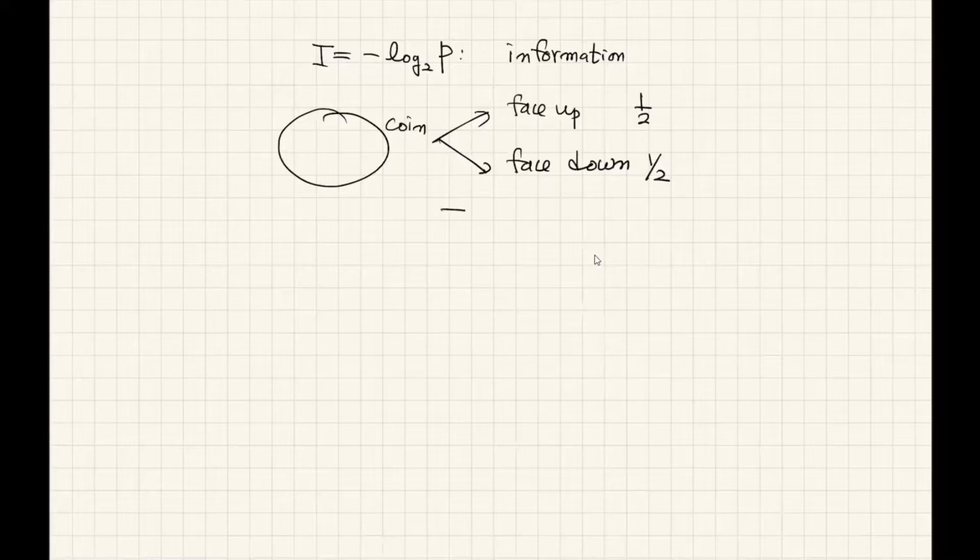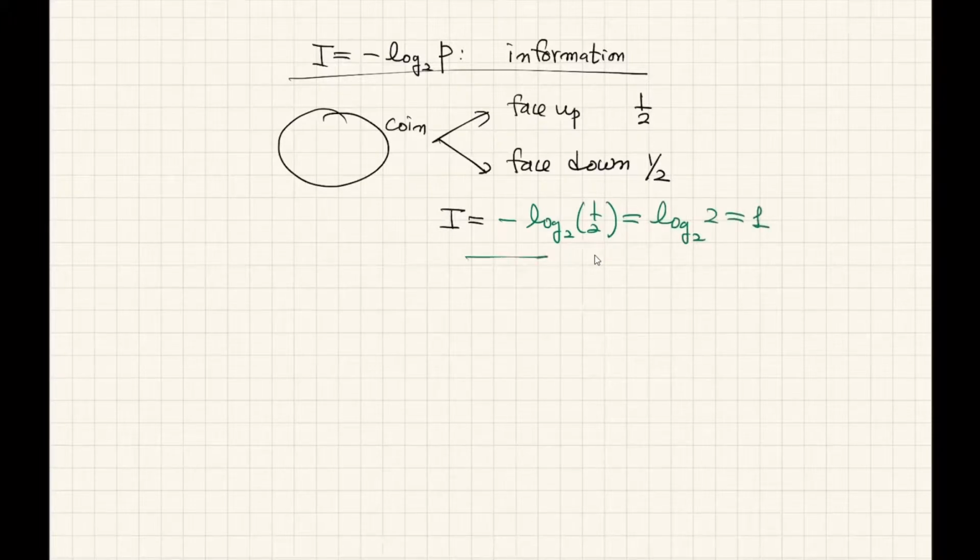So in this case, if we apply this entropy information, then I is equal to 1. That means 1 bit. When you are describing the information of a coin flip up or down, 1 bit is enough. Whether your coin is facing up or face down, 1 bit of digital information is good enough.